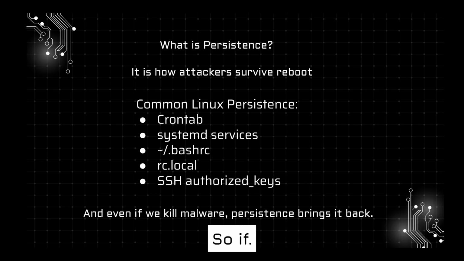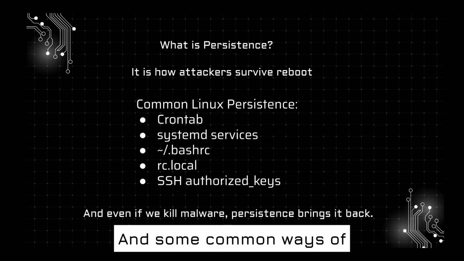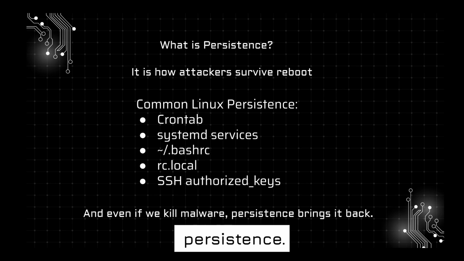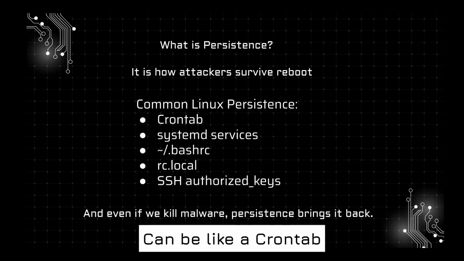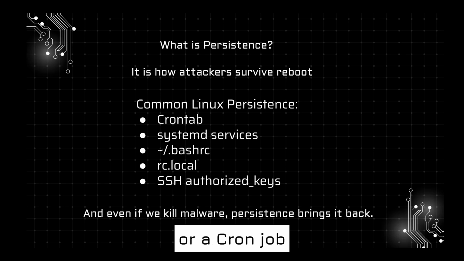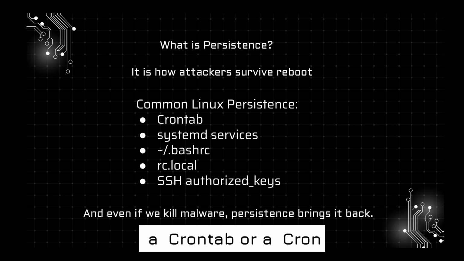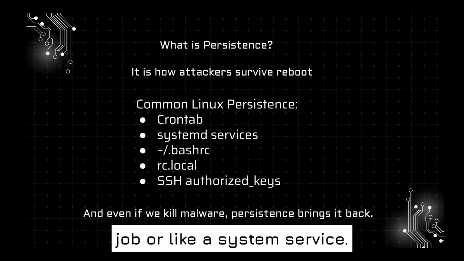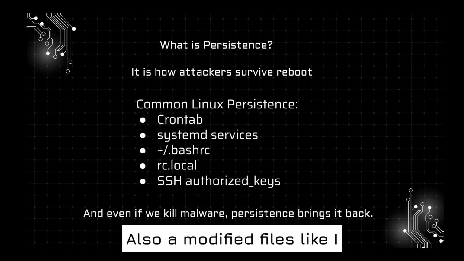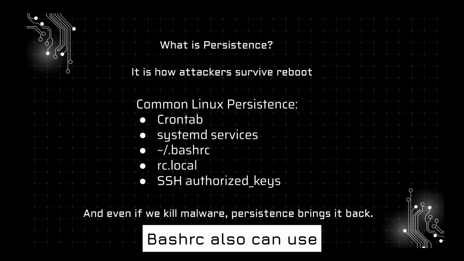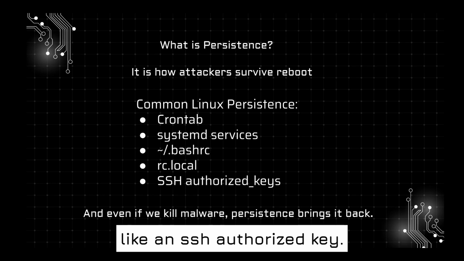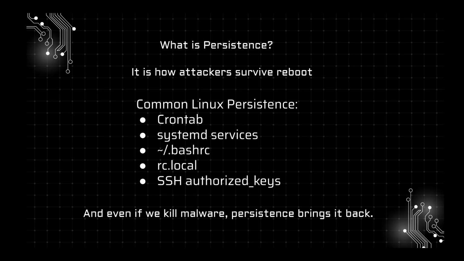Some common Linux persistence methods are a crontab or cron job, or a system service. Also modified files like .bashrc, which I mentioned before. Also, they can use an SSH authorized key for persistence.